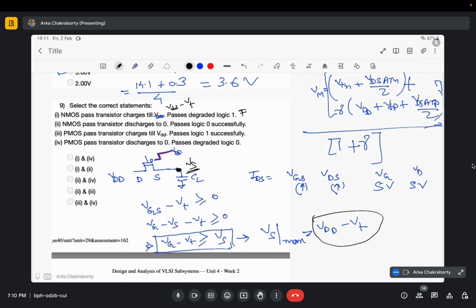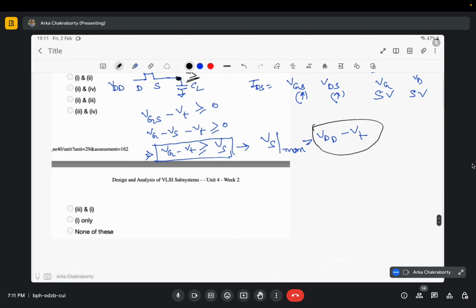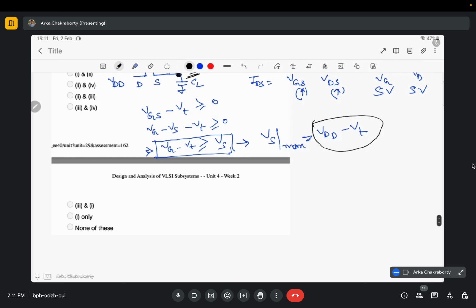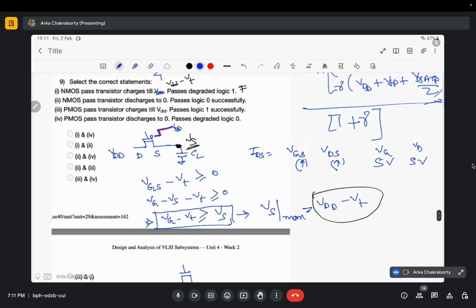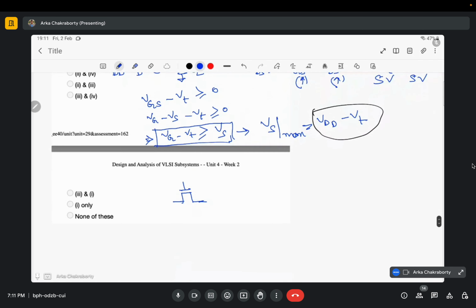Now let us look into that. This is again an NMOS pass transistor. Now what I am saying is it discharges to 0. So now I should draw it like this.